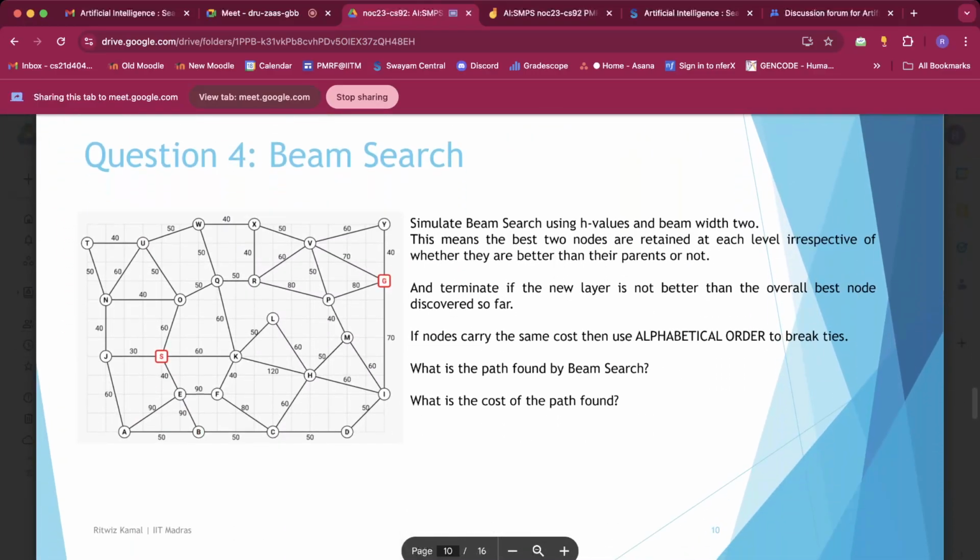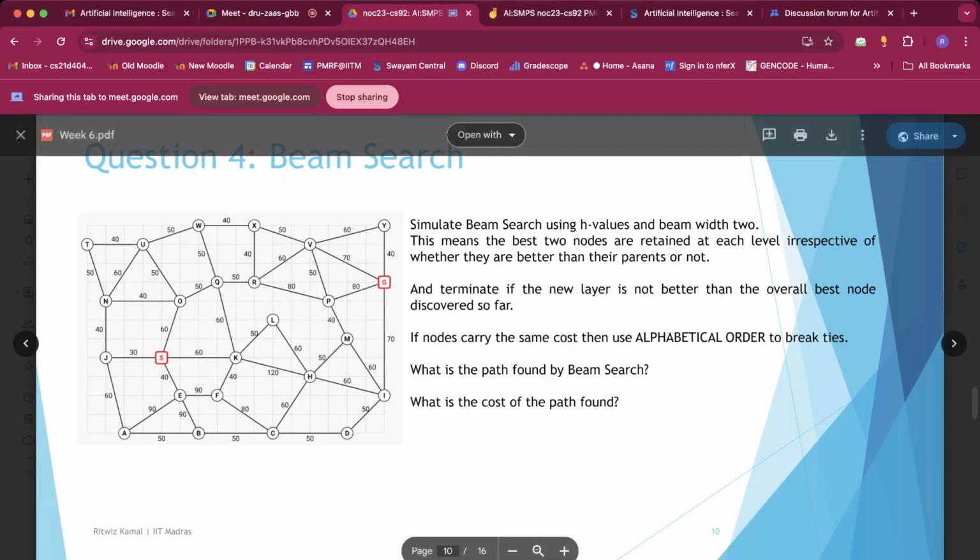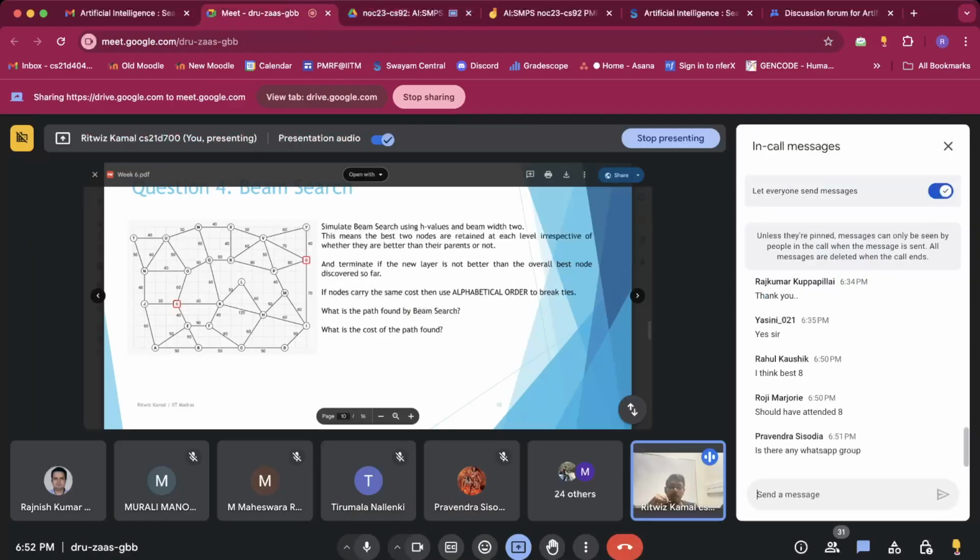Moving on to the next method, which is beam search. Some of you might remember the beam search method from our previous discussions. The idea is that you start from a start node, and then instead of exploring all the children that you could go to from there, you explore only the two best looking options at each level.